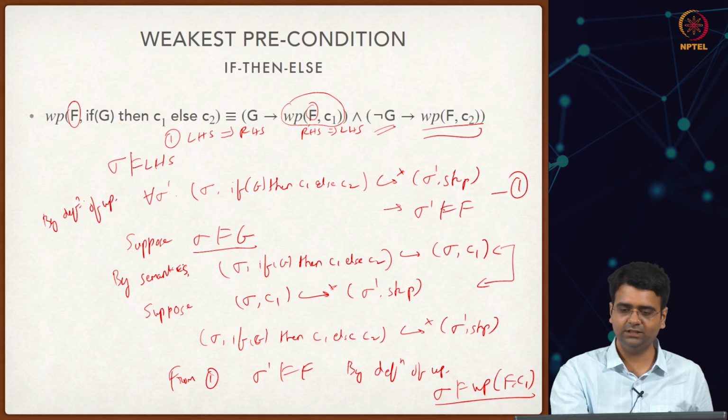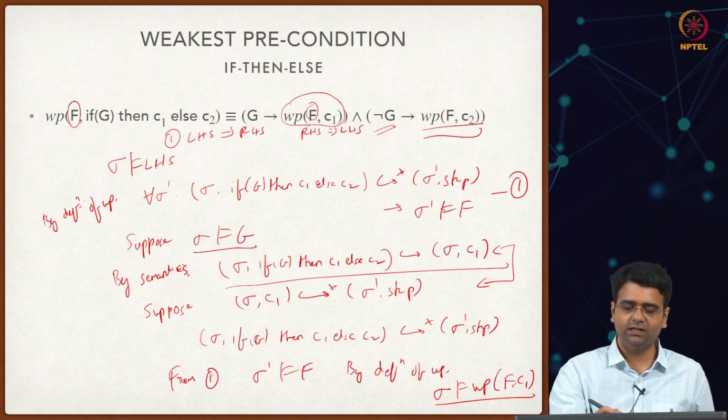Sigma is not a model of G, so by the operational semantics you would reduce to C2, and then you can again use equation number 1 to show that executing C2 on such a sigma is always guaranteed to lead you to a state in F. Therefore, such a sigma would be a model of WP(F, C2).